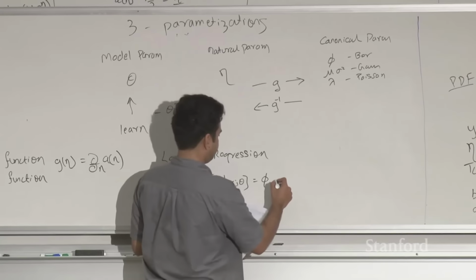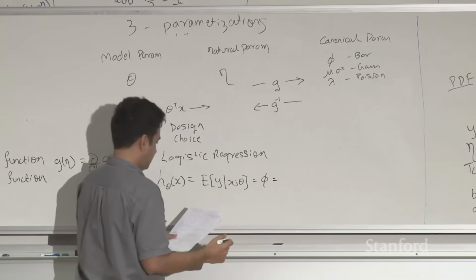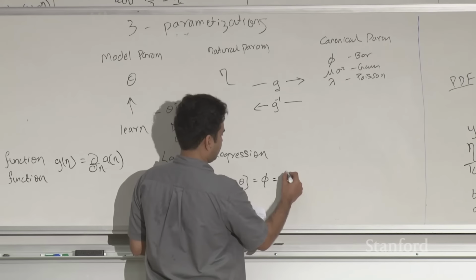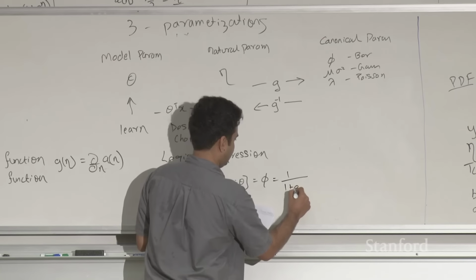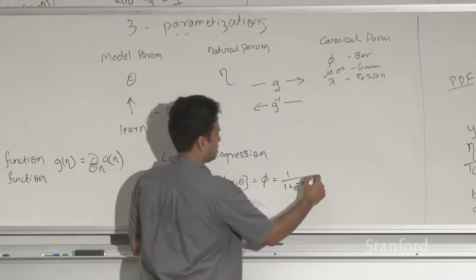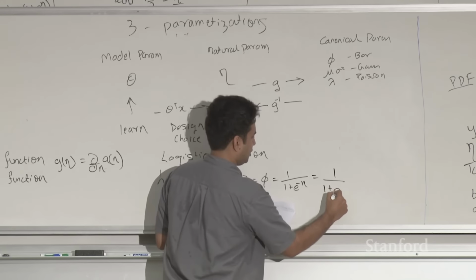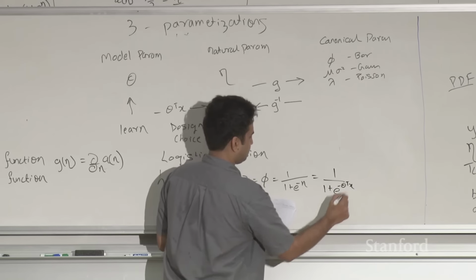And if we write that in terms of e to the minus eta, this is equal to 1 over 1 plus e to the minus theta transpose x.